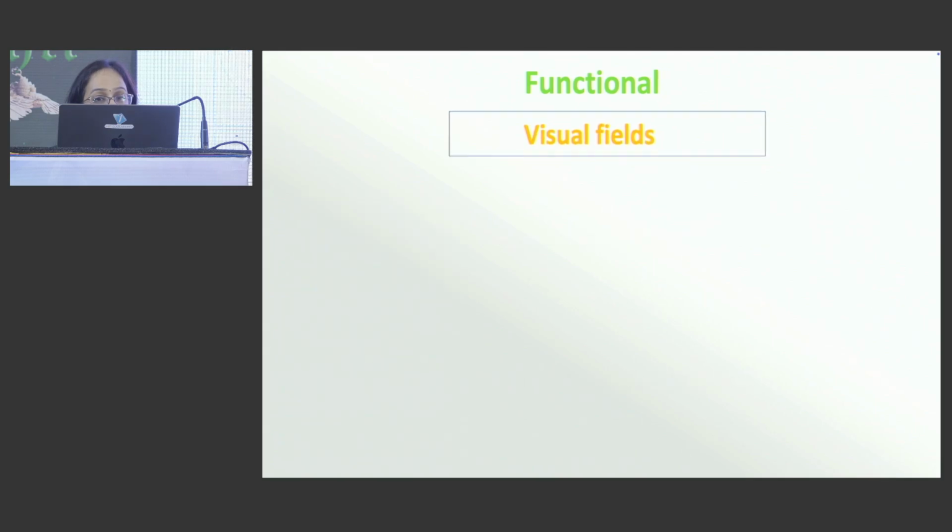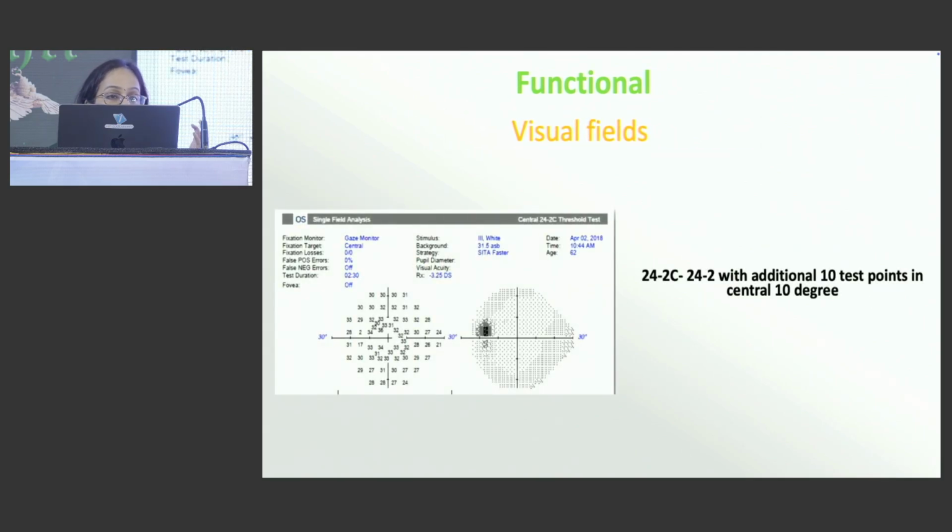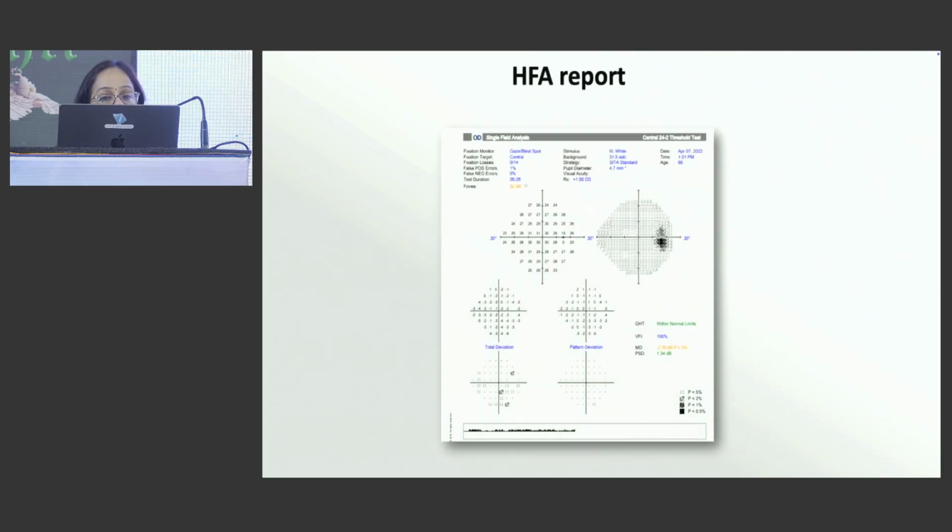For those in whom we suspect any central field defect, you can do a 24-2C, where the 24-2 is done with an additional 10 central test points. That is the 24-2C. And this is how the HFA report looks.